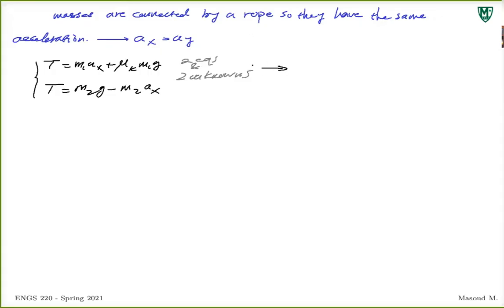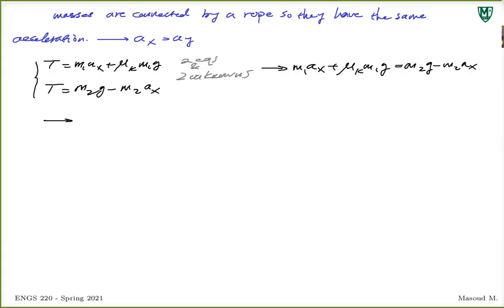You can just make both sides equal. Since both have T, let's make the right sides equal. You'll get M1 AX plus mu K M1G is equal to M2G minus M2AX. Then we can just move things around.